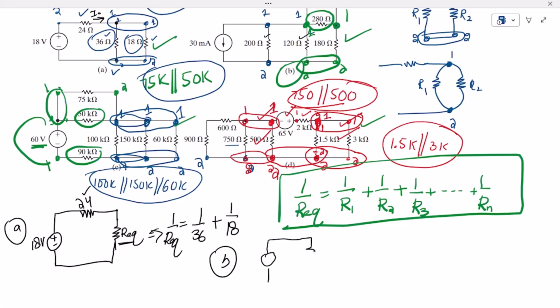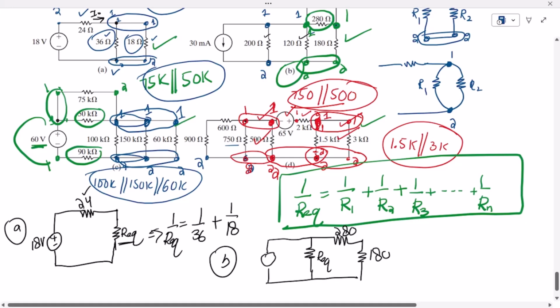The combination will be in the same style as it is here, so it will be R equivalent. The other resistors are 280 and 180 ohm. This is the current source of 30 milliamps.